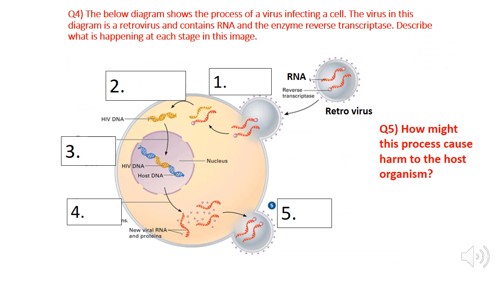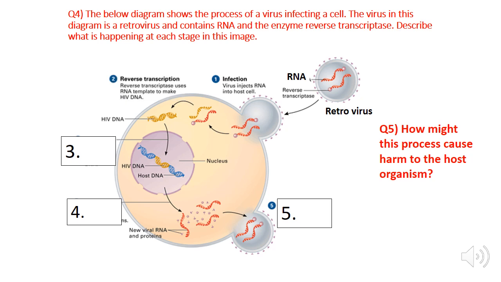So looking at how your virus infects your cell. In this case, you've got a retrovirus, so RNA containing. So firstly, the virus injects the RNA into the host cell. Reverse transcriptase uses the RNA template to make the DNA. The HIV DNA inserts itself into the host cell's DNA.